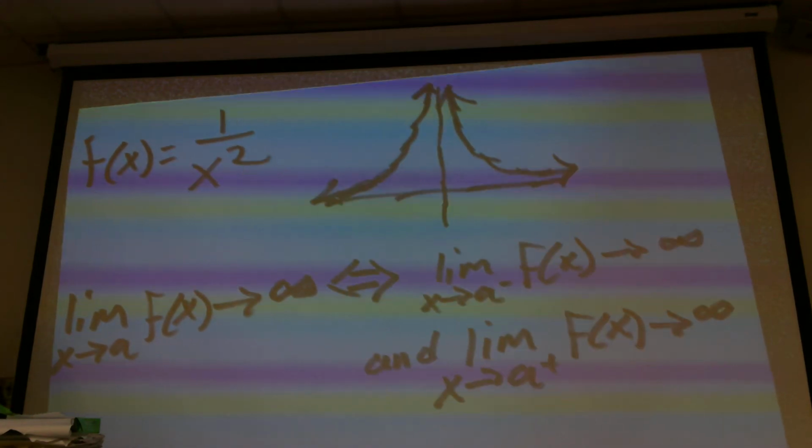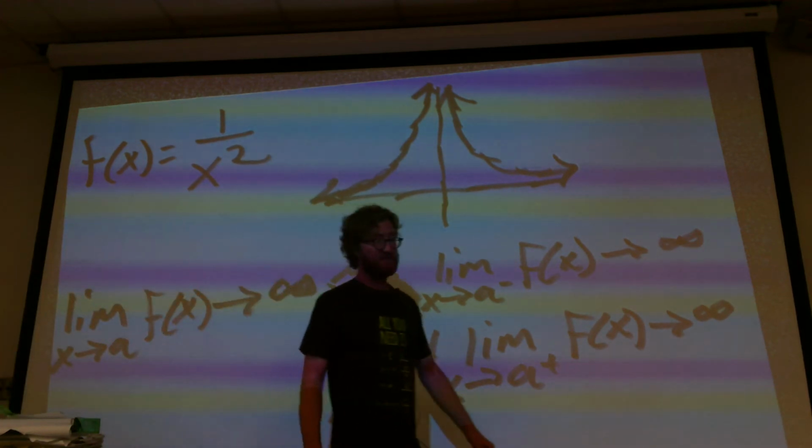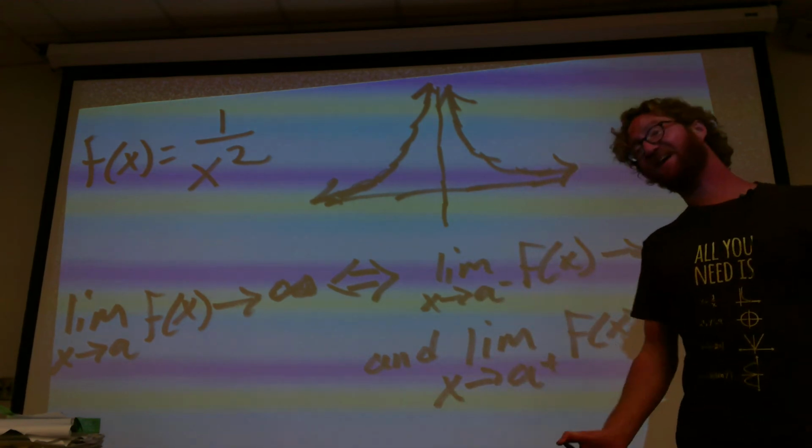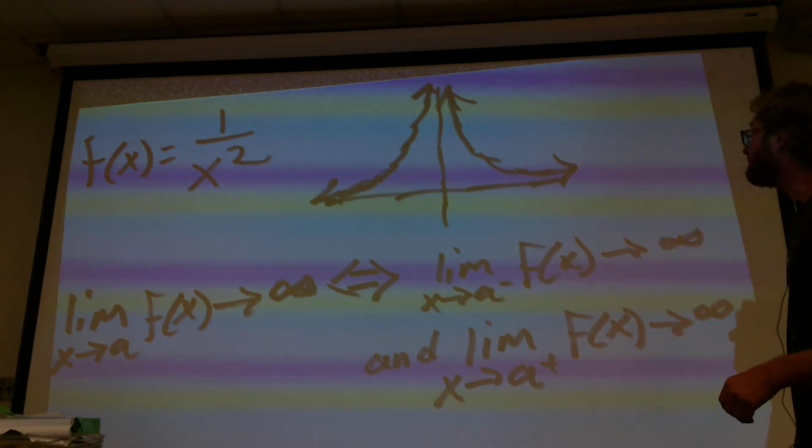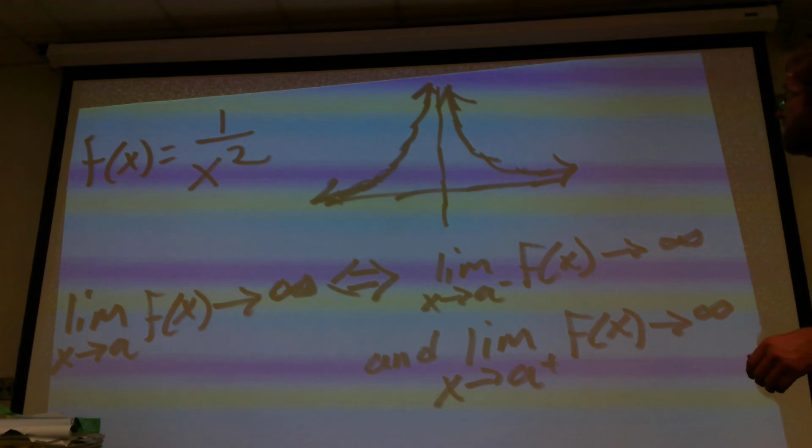So, if you're approaching from the left and approaching from the right, and both of them are tending towards infinity, well, then you can actually say, yeah, the limit as x tends towards that point of f of x tends towards infinity.